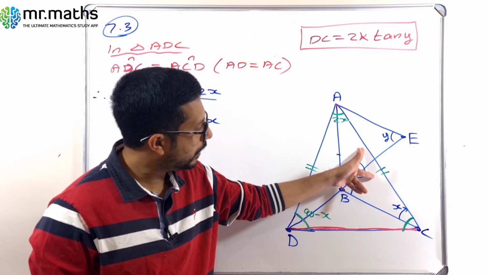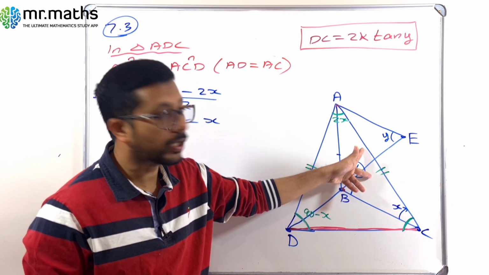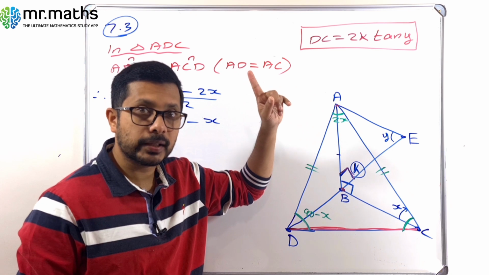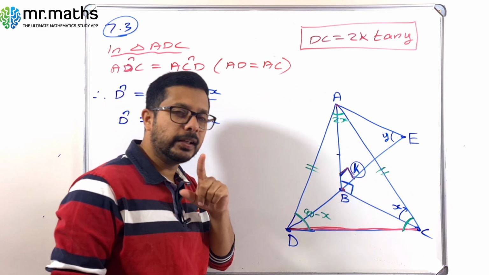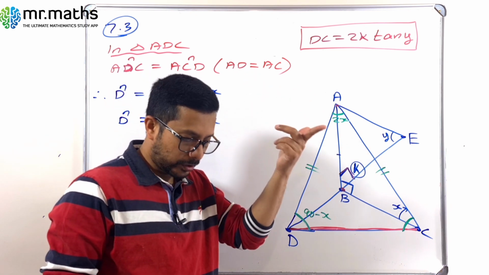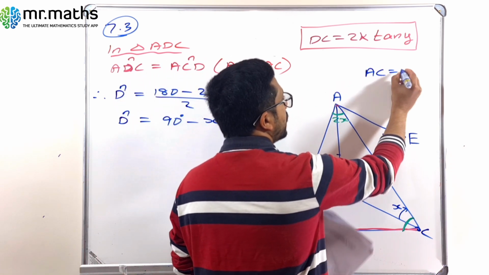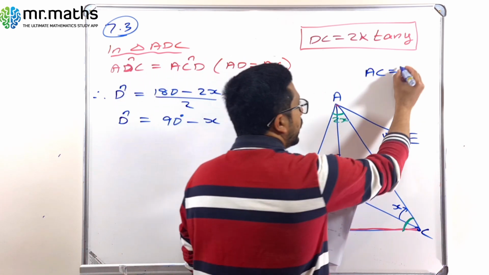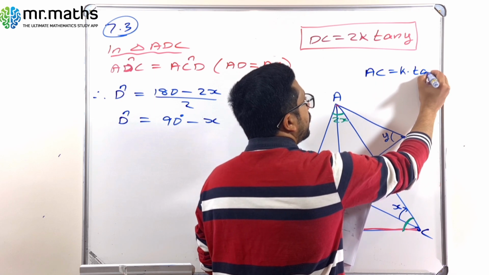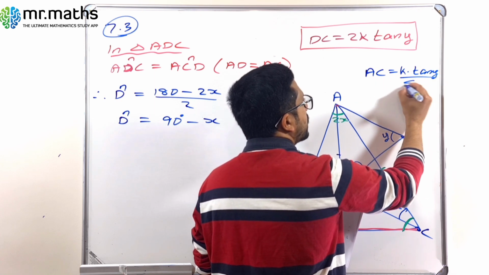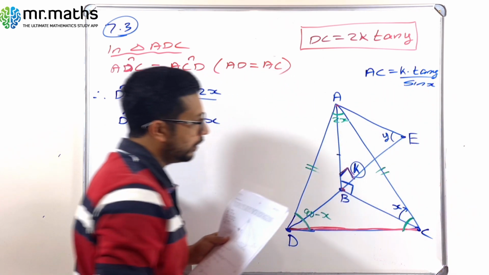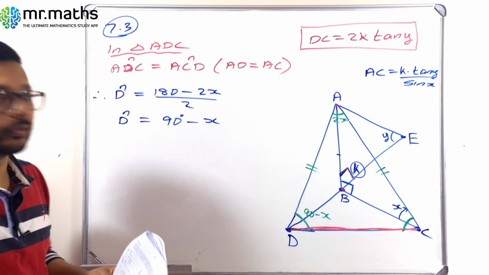So AC we got an expression in the previous question. Am I right? So there is some connection with the previous question, because we already proved that AC is equal to k tan y divided by sine x. Do you remember that one?